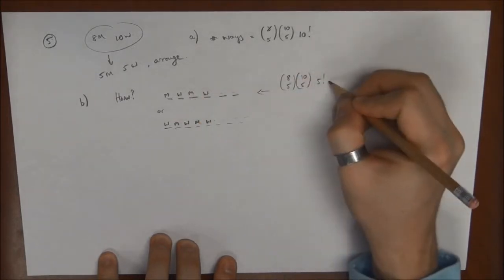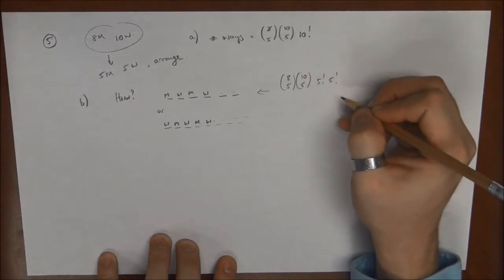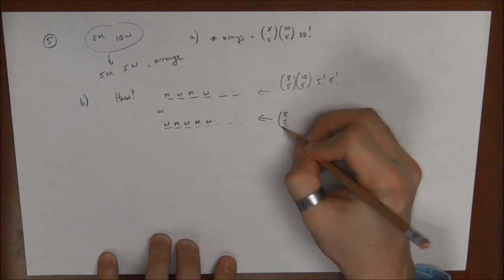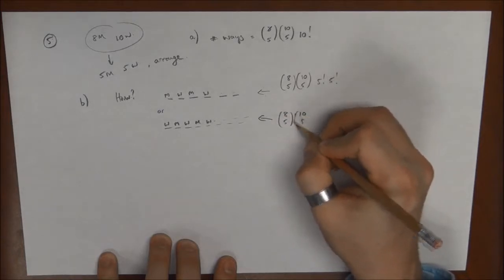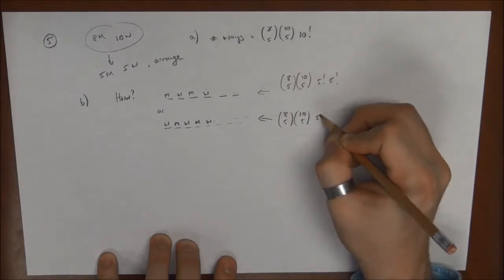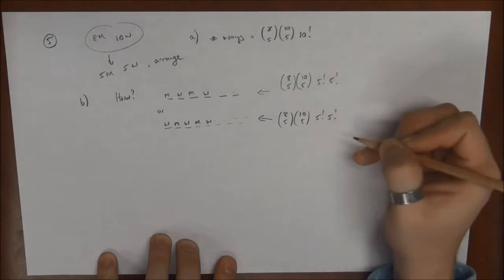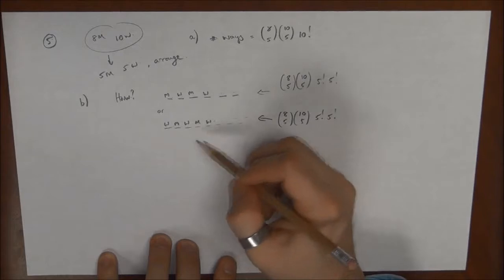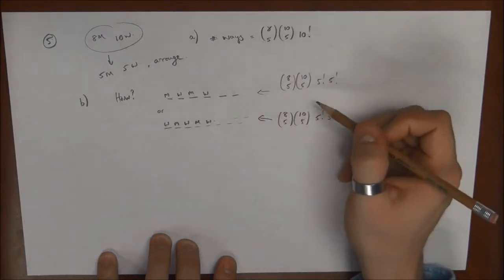And the women among themselves can be arranged, 5 factorial. This one, again, select 5 men, 5 women, arrange the men among themselves, arrange the women among themselves, because the positions of the men are fixed, the positions of the women are fixed.